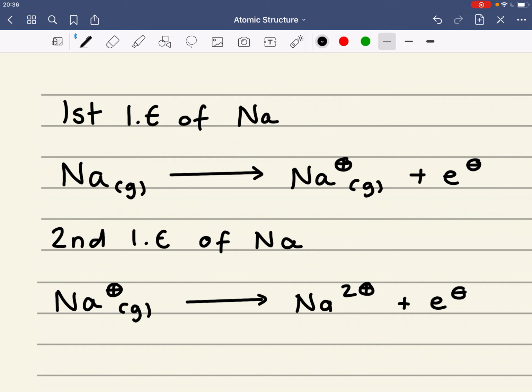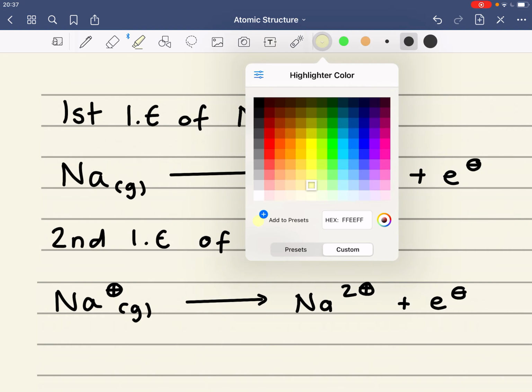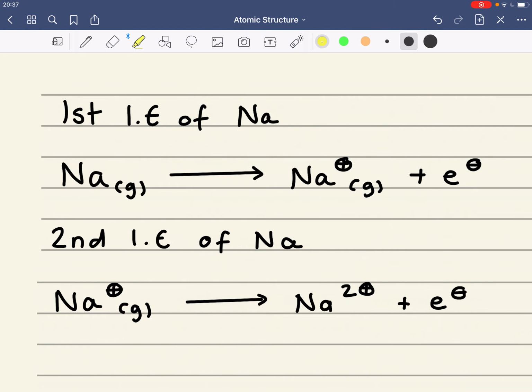Now the second ionisation energy will always form a 2 plus ion. So in effect, what we're saying is that this number here will always match this number here. So the third ionisation energy of sodium would form a Na3 plus ion.